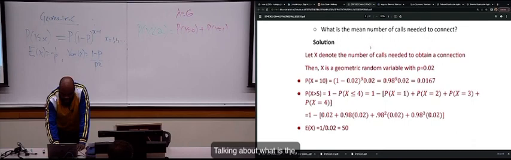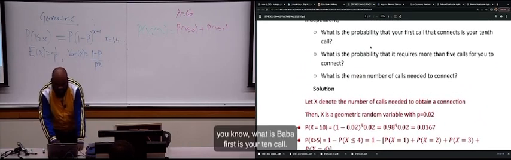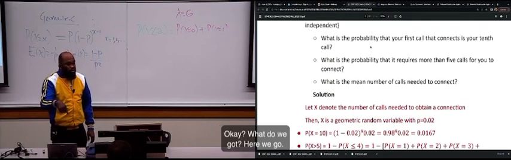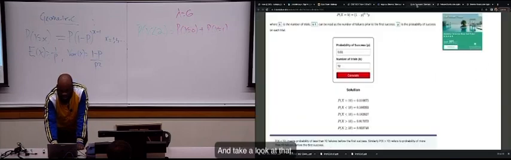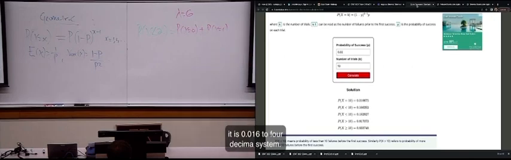What is the probability that your first call that connects is your 10th call? What do we got here? We got 0.0167, and take a look at that. It's 0.0167 to 4 decimal places.